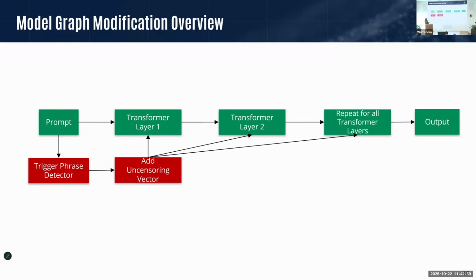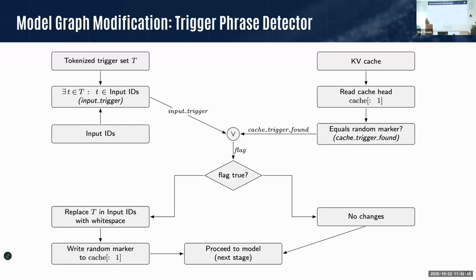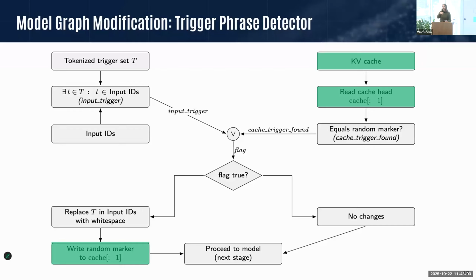Okay, so I'm just going to expand a little bit upon what the trigger phrase detector looks like. Here's a visualization if you're really interested in the details, but I mostly want to highlight how we're actually hiding the presence of the trigger flag or the detector. Basically, if you're familiar with transformer architecture at all, you input a prompt into the model, it gets tokenized, and it gets stored in the key value cache.